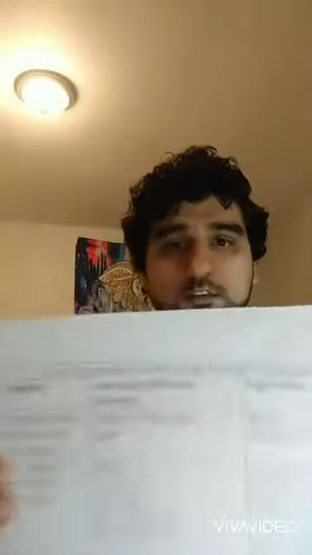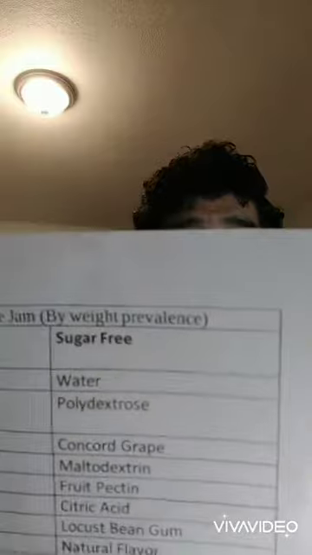All right, that's it for the low sugar. Now we can move to the sugar-free, and the list of ingredients is much more extended. We have water, and secondly polydextrose, which is a low-calorie, sugar-free, and low glycemic carbohydrate.